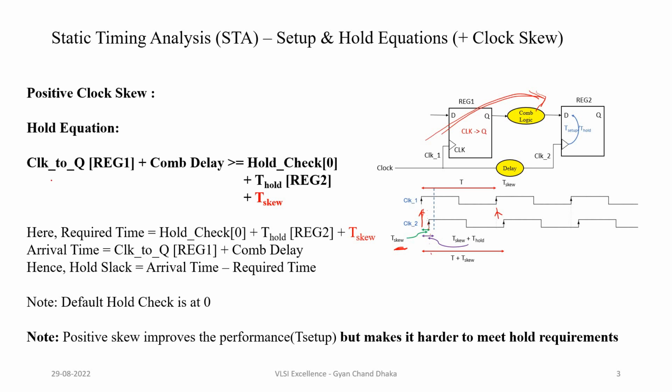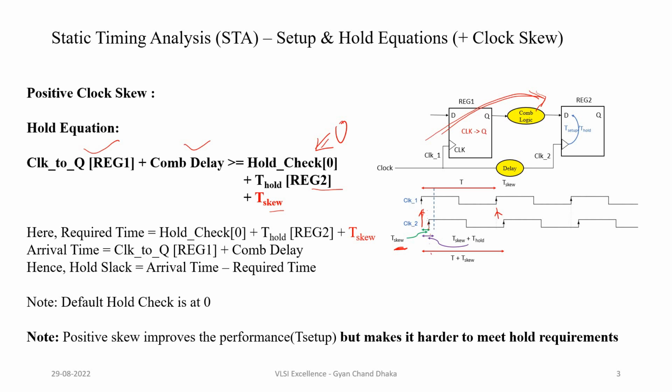So the new hold equation will be: clock to Q delay plus combinational delay should be greater than hold check, which we take by default as 0, plus t hold plus t skew. So now the propagation delay should be more than t hold plus t skew.